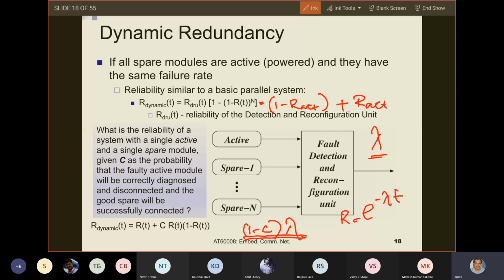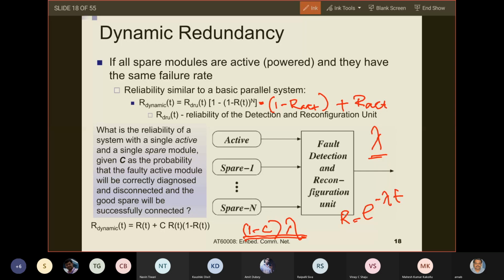Lambda was my original rate of failures, the rate of failure of the active module. C is the probability that a faulty active module will be correctly diagnosed and disconnected and a good spare will be successfully connected. So 1 minus C is the probability that the faulty active module will not be correctly diagnosed.